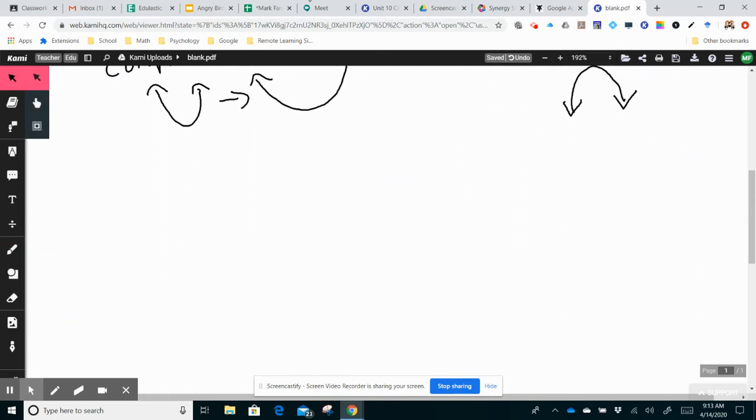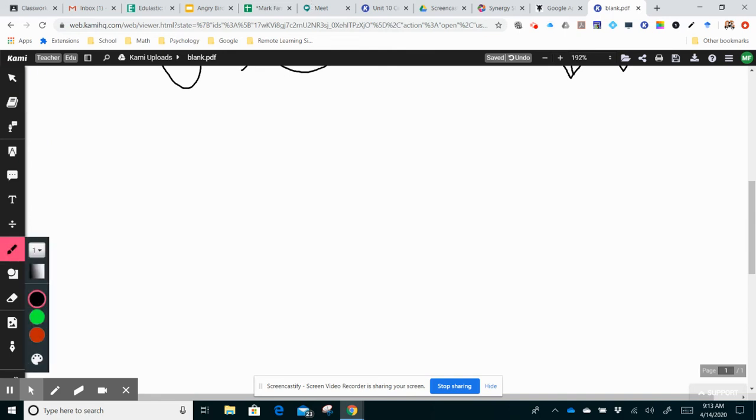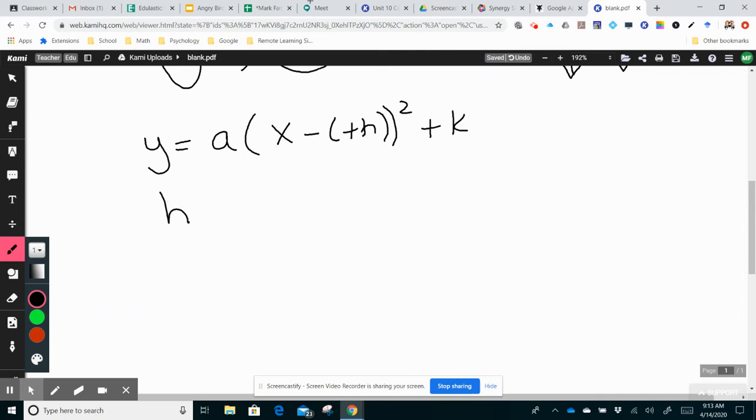Now, when we're talking about h and k, let's write it again: y equals a times x minus, and again positive h, squared plus k. If h is negative, so negative h, that means it's going to move left.